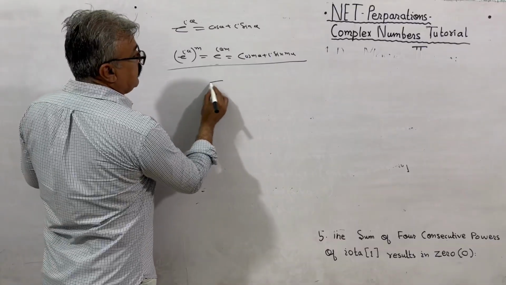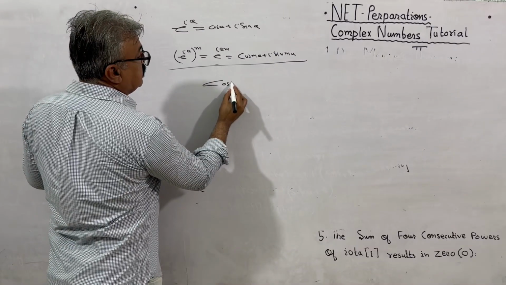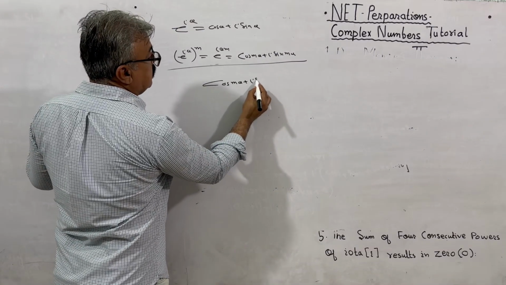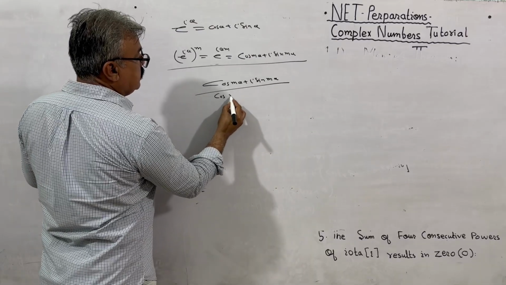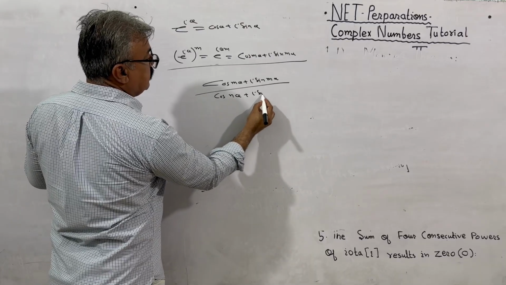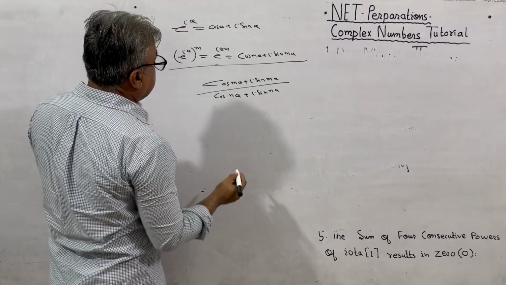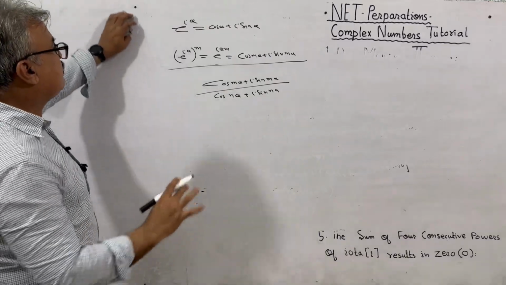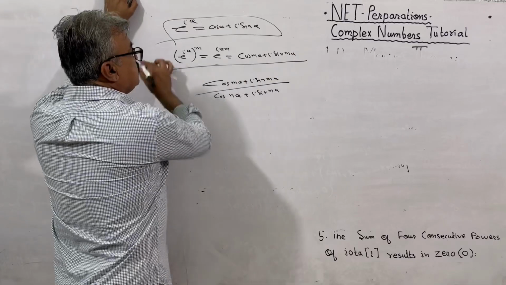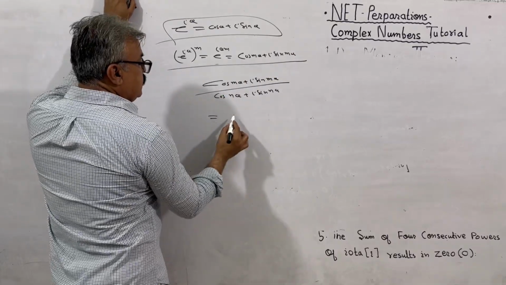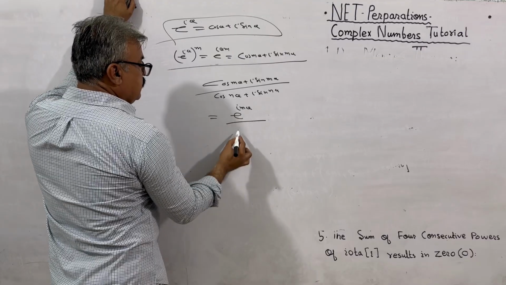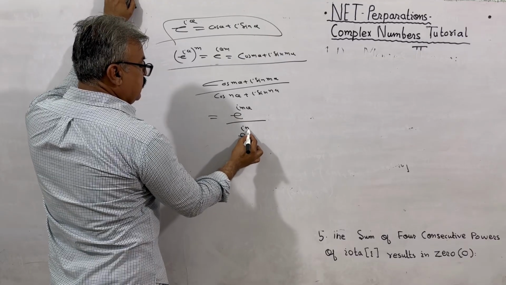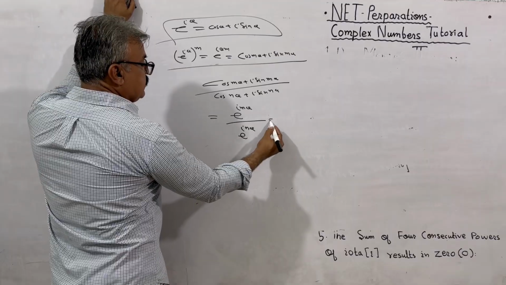For example, we are given two complex numbers, cos m theta plus iota sin m theta, and we want to divide them by cos n theta plus iota sin n theta. To rationalize, to do this or that, stick to this identity. It's a wonderful identity. Numerator can be written as e power iota m theta, and denominator can be written as e power iota n theta. Now, bases are same.